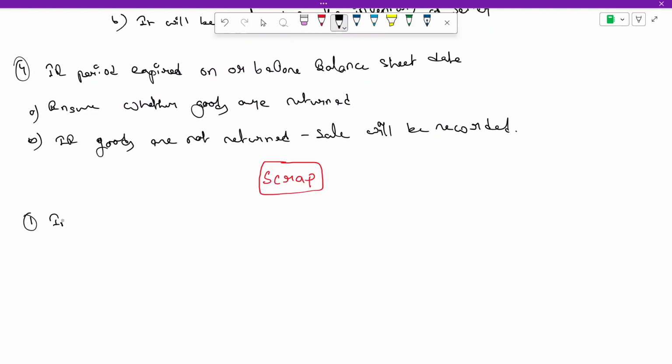First aspect will be internal control. In checking the internal control, we should first check who has the custody of scrap.